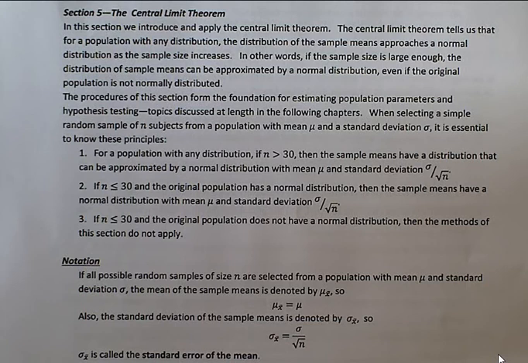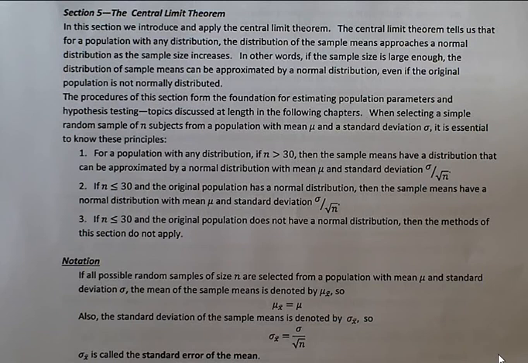Okay, so the kind of magic number that we use with the central limit theorem is the number 30. So if you have a sample size of 30, then there's some things that we can look at. So look at the three conditions that they talk about, three cases. Number one, for a population with a distribution, if n is greater than 30, then the sample means have a distribution that can be approximated by normal.